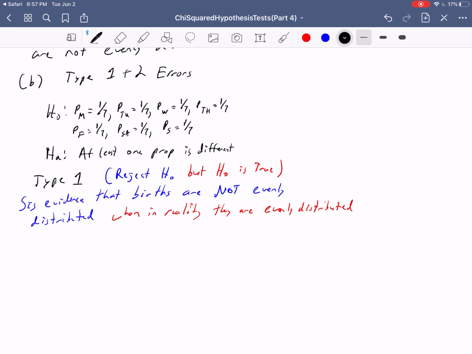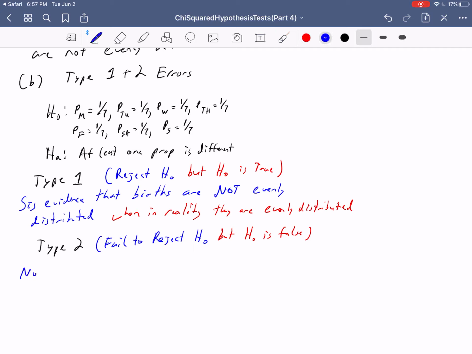What does a type 2 look like in this case? Well, a type 2, as we know in general, is that we fail to reject H0. That's our decision, but H0 is false. So failing to reject H0 means that we have no evidence that the births are not evenly distributed.